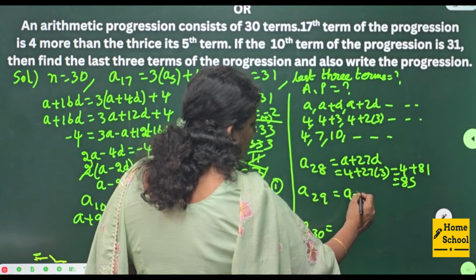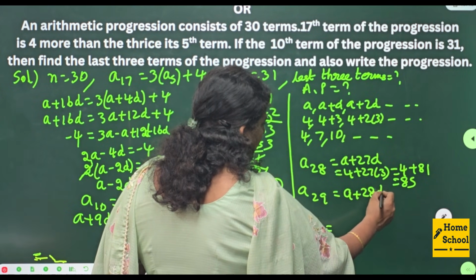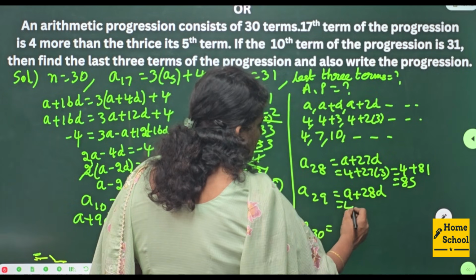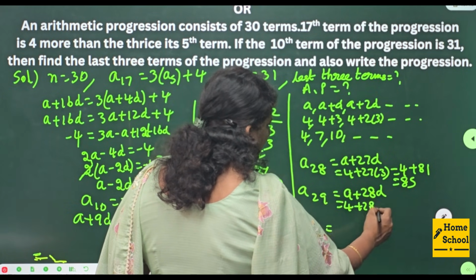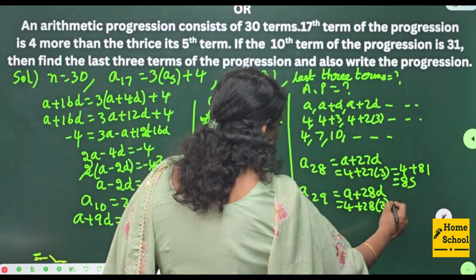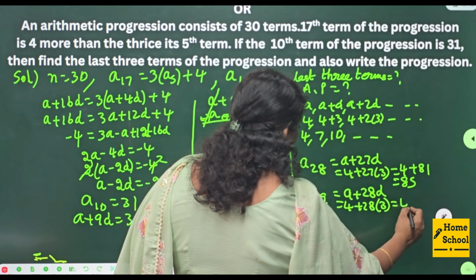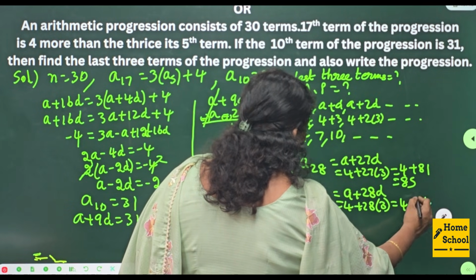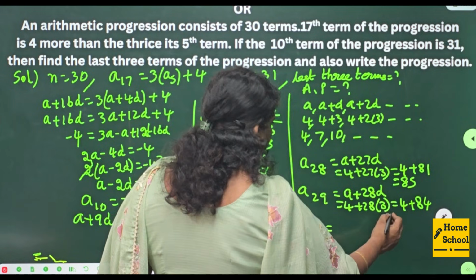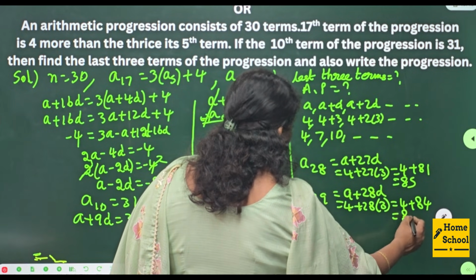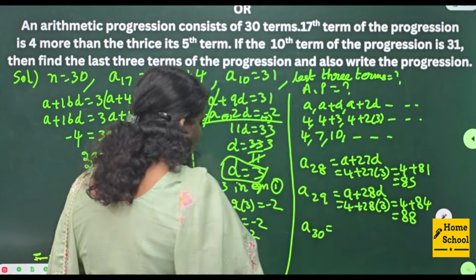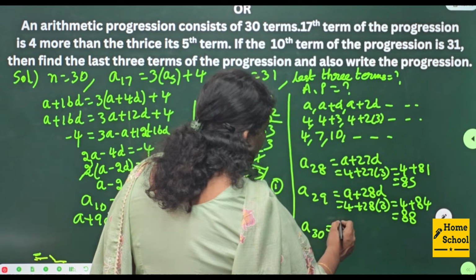A29 can be written as A plus 28D. A value is 4, 28 into 3. That will be 4 plus 84. That will be 88. In the same manner, what is A30?